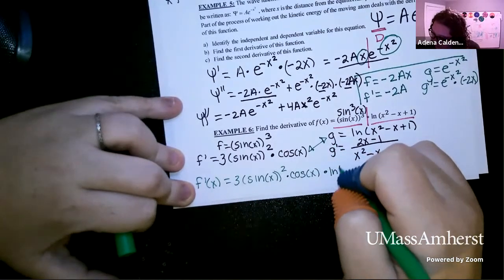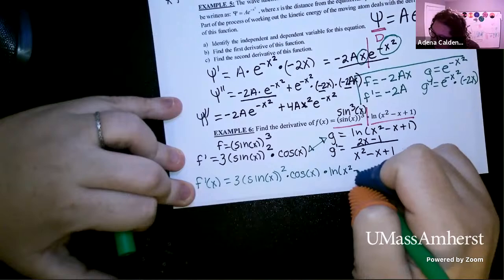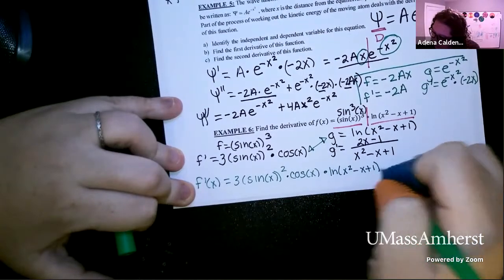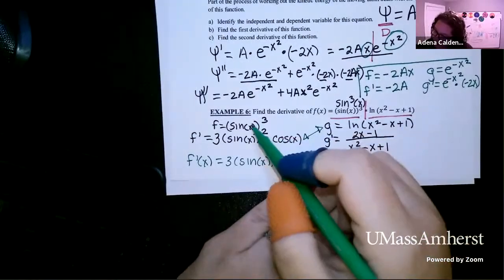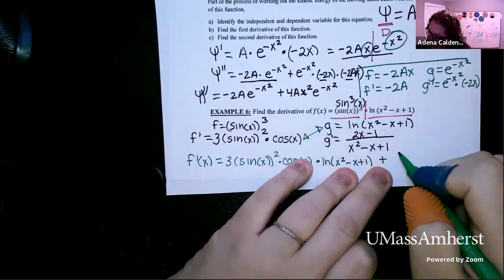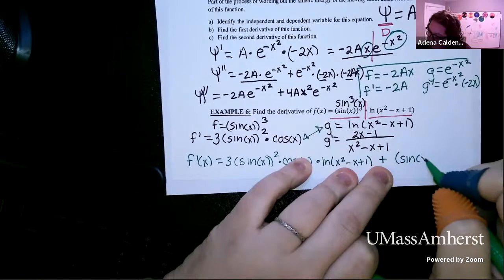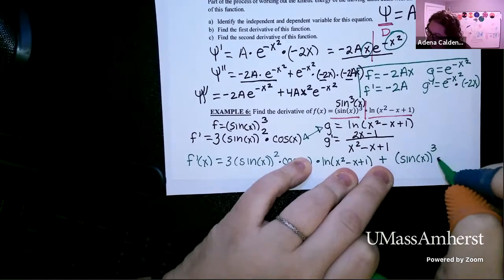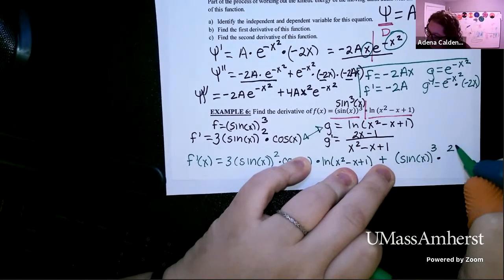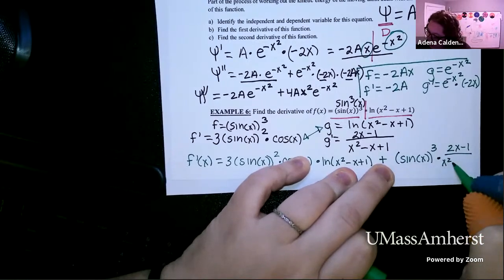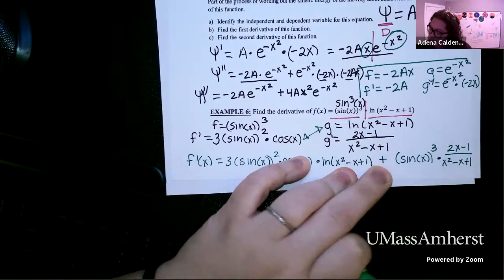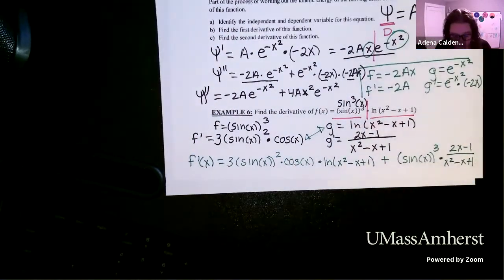So times ln x squared minus x plus 1 plus, now I'm going to do f times g prime. So I have sine of x cubed times 2x minus 1 over x squared minus x plus 1.